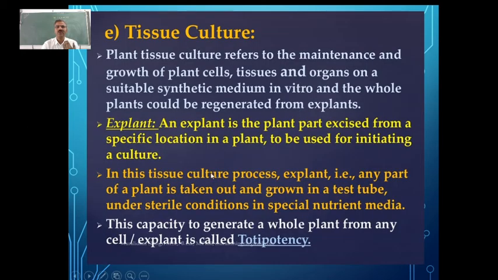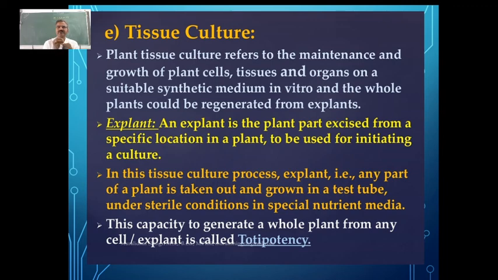So here we make use of the explant. As I told you already, the explant is nothing but the part of the plant which is extracted for initiating the culture. And this particular explant is going to be taken in the nutrient medium containing sugar and also some of the hormones and all, and they are able to generate these cells.